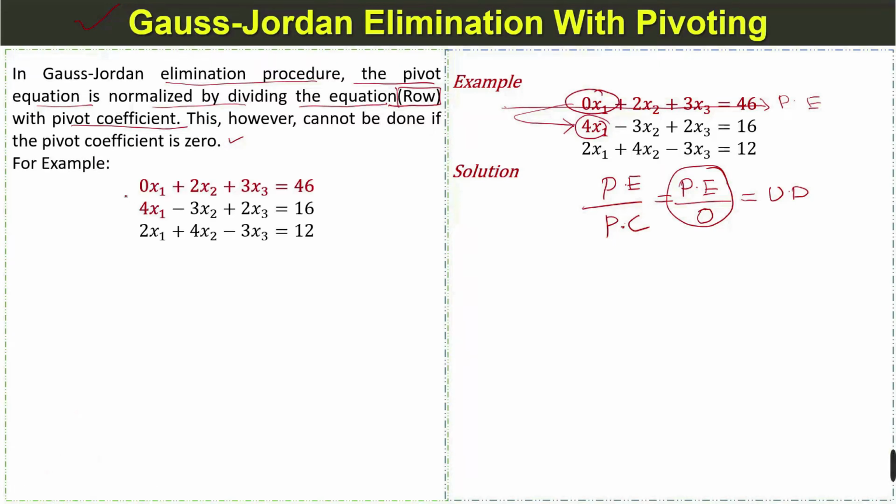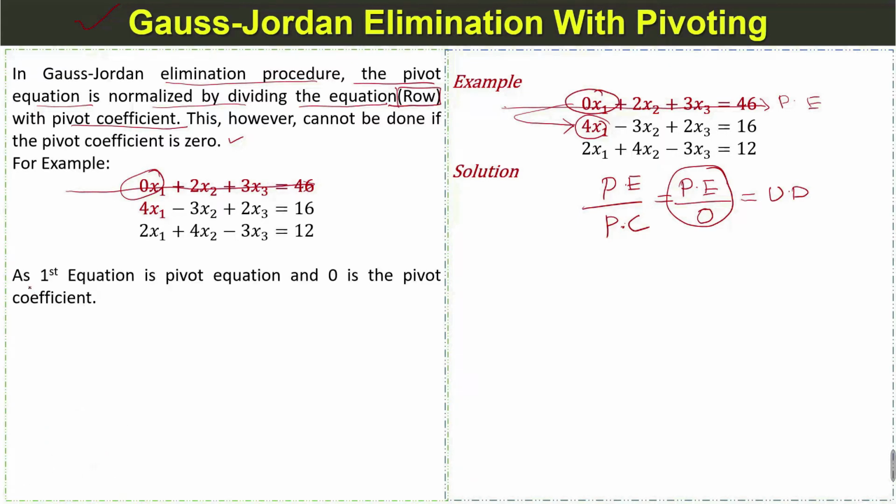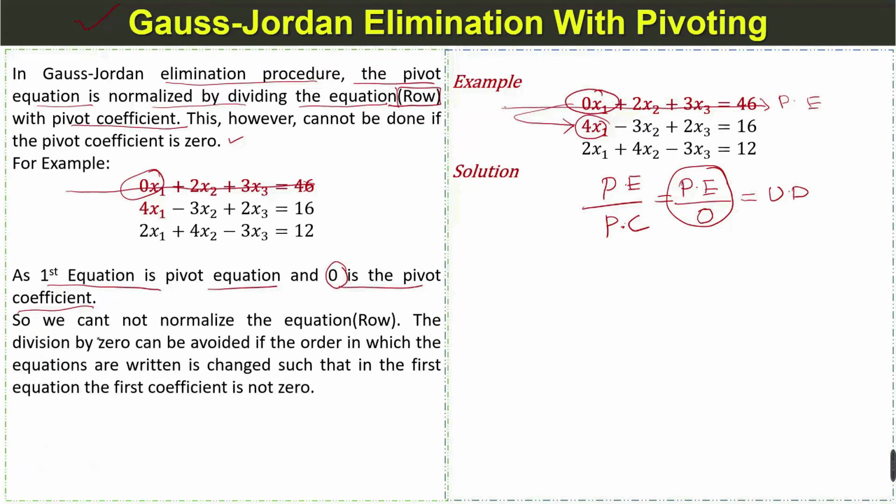For example, we have this example, and this one is the pivot row, and this is the pivot coefficient. As the first equation is the pivot equation and 0 is the pivot coefficient, we cannot normalize the equation or the row.